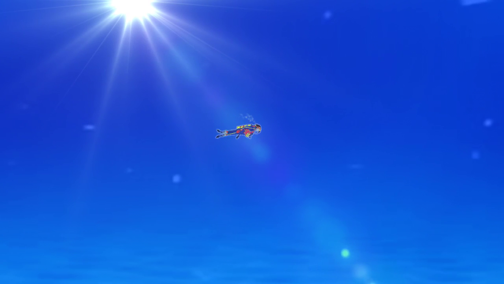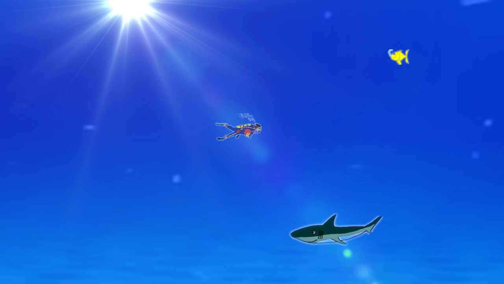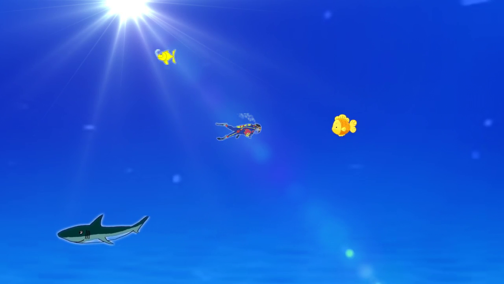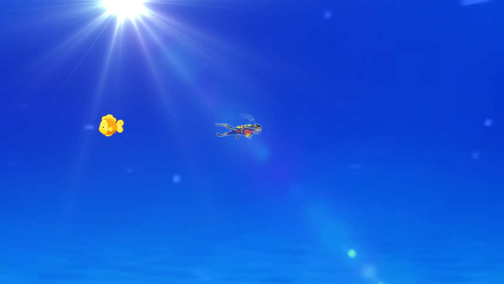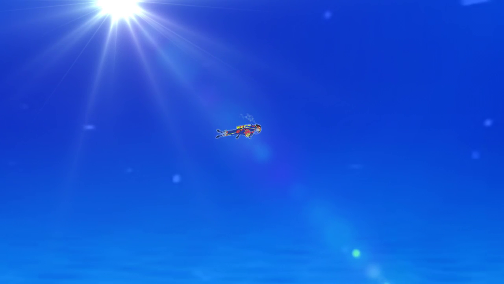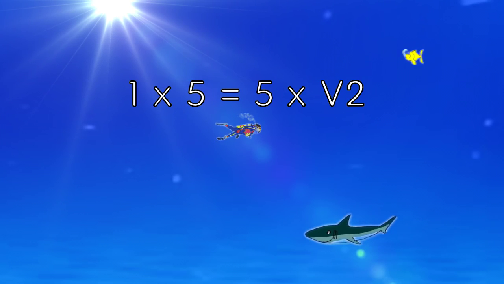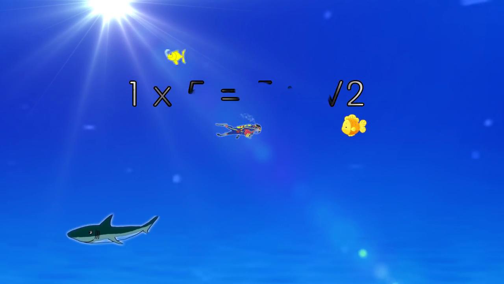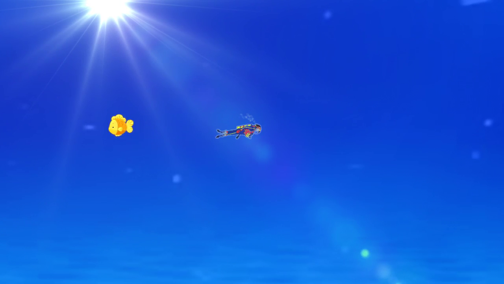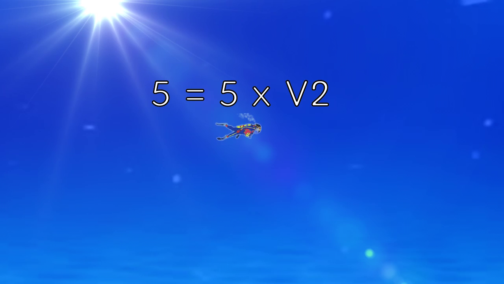From here, you would put these into the formula, which is P1 times V1 equals P2 times V2. So if you input the information correctly, then you should get 1 times 5 equals 5 times V2. Now you would solve the equation by firstly solving it to 5 equals 5 V2.